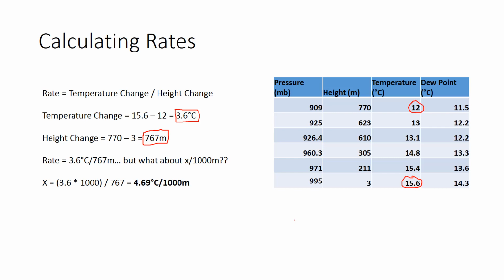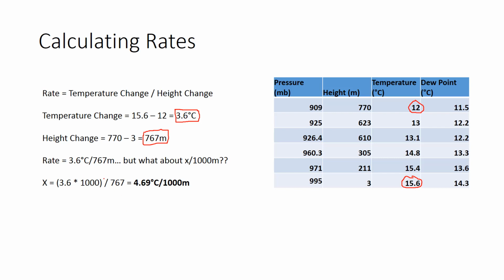But when we talk about all these lapse rates, dry adiabatic, moist adiabatic, we're talking about the lapse rate per every 1,000 meters. That's okay. All you need to do is multiply both sides by 1,000. This helps you determine what the actual lapse rate is.